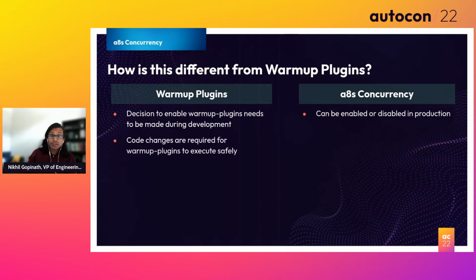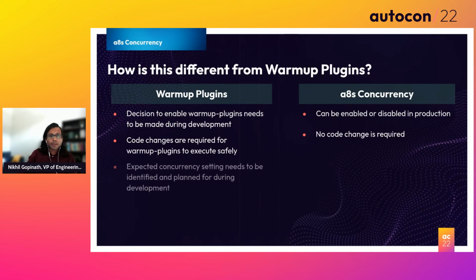For warmup plugins, the code change is also necessary to make sure the safety of the execution is guaranteed, right? What if you make a warmup call to something that's potentially, let's say, deleting some entries from a database, right? That could probably be disastrous if it's not done safely. But with autonomous concurrency, no code change is required, and it is inherently safe because of the way we built it.